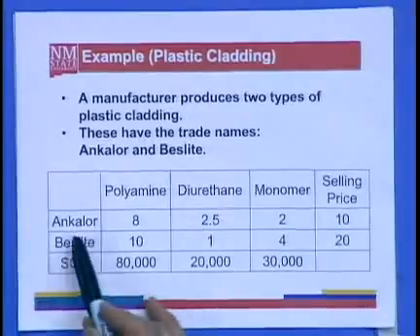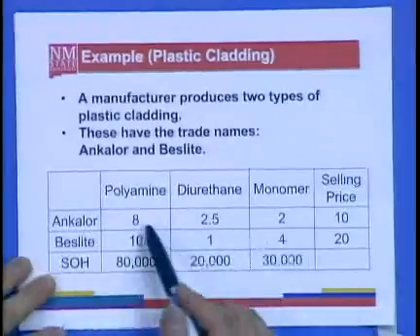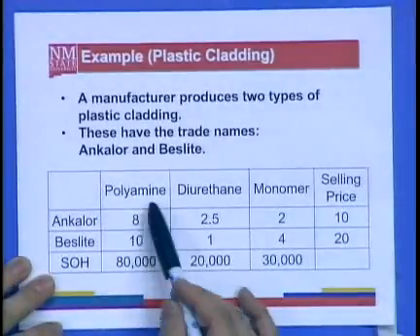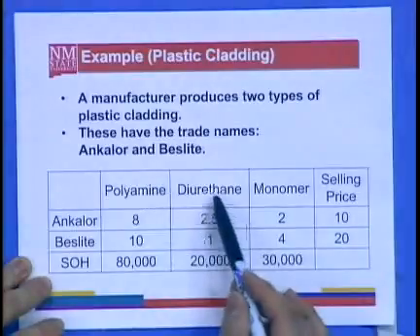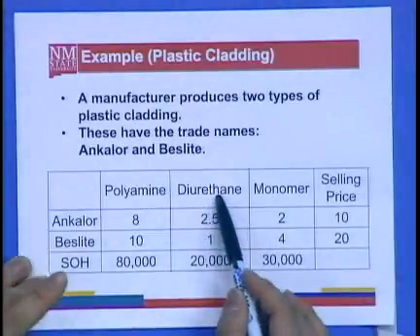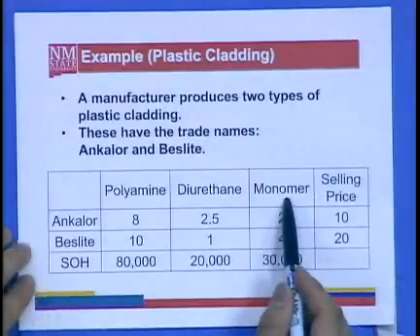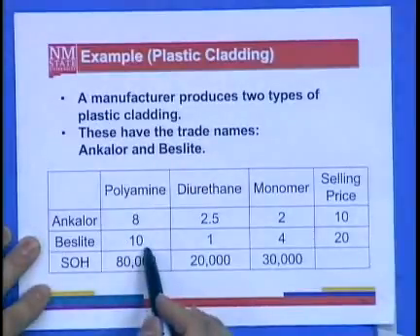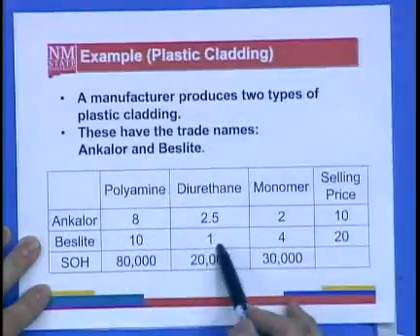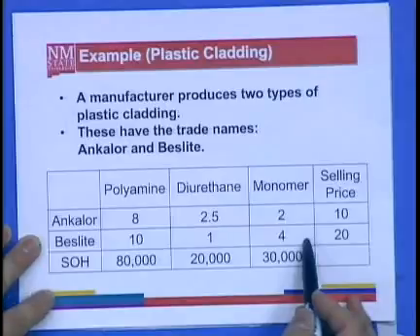So 1 yard of N-Color requires, for example, 8 pounds of polyamine, 2.5 pounds of diurethane, and 2 pounds of monomer. Okay? And 1 yard of Bestlight needs 10 pounds of polyamine, 1 pound of diurethane, and 4 pounds of monomer. Okay?